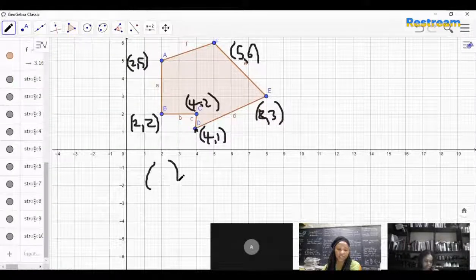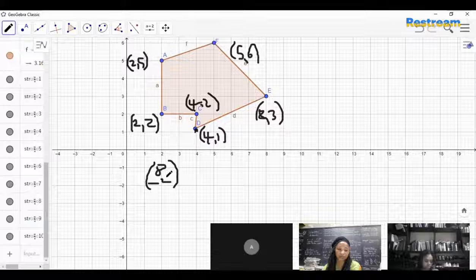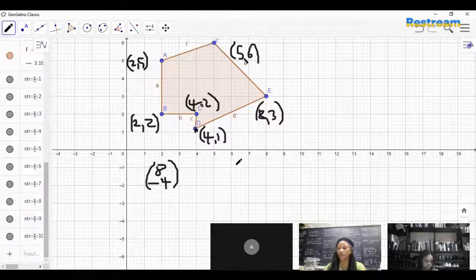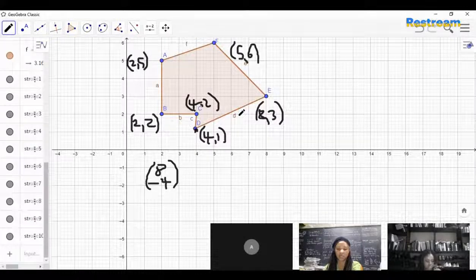All right, so the translation is 8, -4. So A prime would be 10, 1. 2 plus 8 is 10, and 5 minus 4 is 1. So that's 10, 1, and that's here.